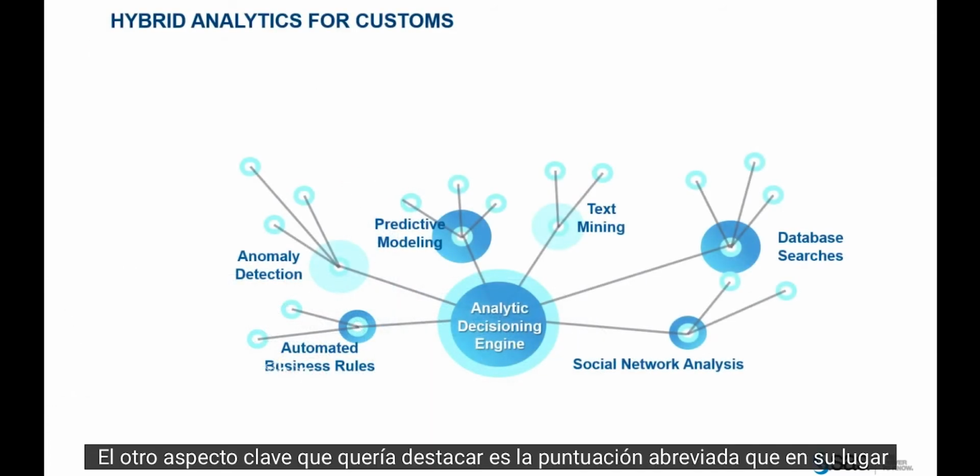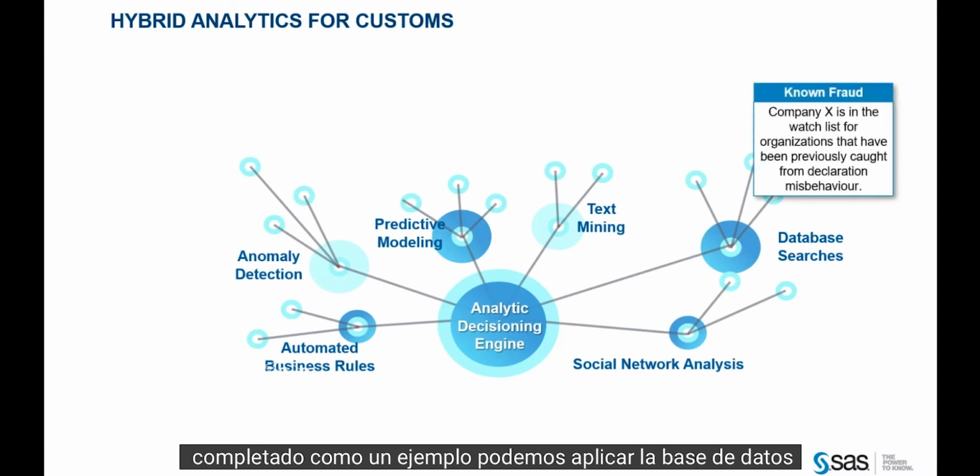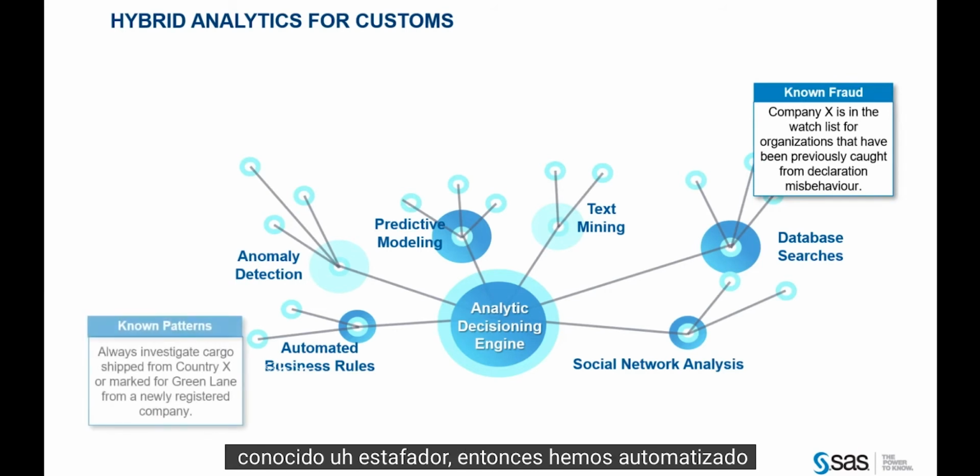The other key aspect I wanted to highlight is the hybrid scoring, which applies different analytical techniques to detect fraud and is performed after the entity resolution and network generation process is completed. As a few examples, we can apply database search, matching entities with previously known fraudsters.